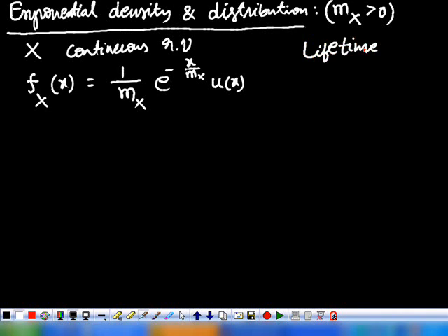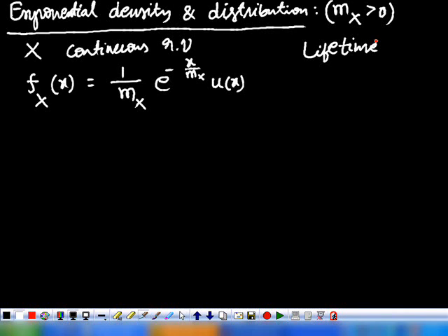It may be 10 years, maybe 5 years, 1 year, or it may be damaged, or its life may end immediately after you buy it. That is, the lifetime of a particular machine may be very long or it may be very short. So therefore, the value that a particular random variable takes depends on the machine that we construct. So if you want to model that random variable mathematically, we use the exponential density function.